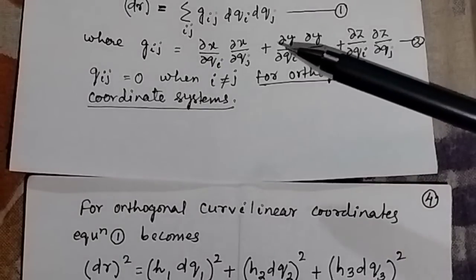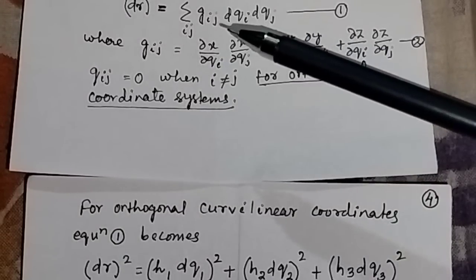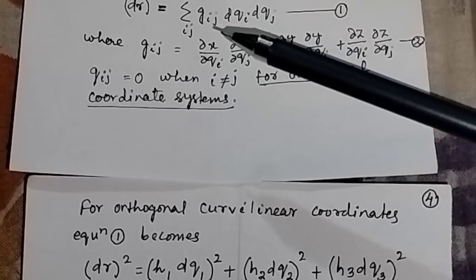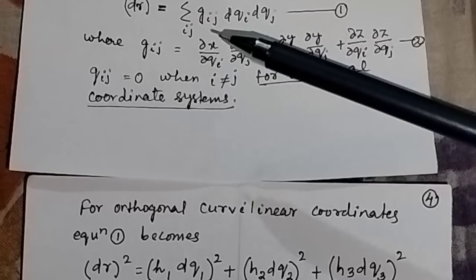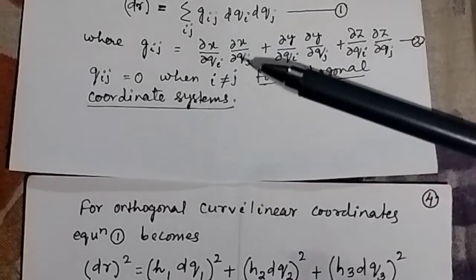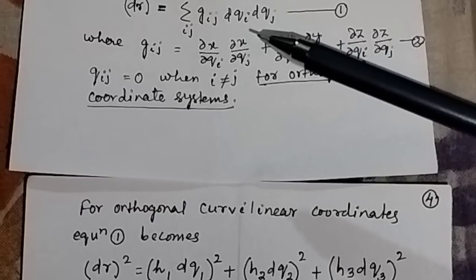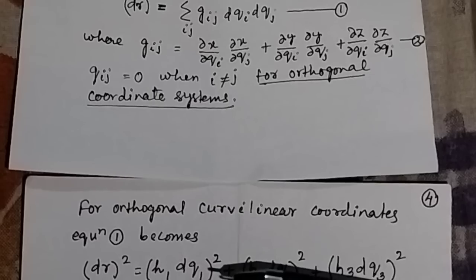So from equation 1 you see that when i equals j, you define gij as h1, and this factor will be equal to dq1 square.